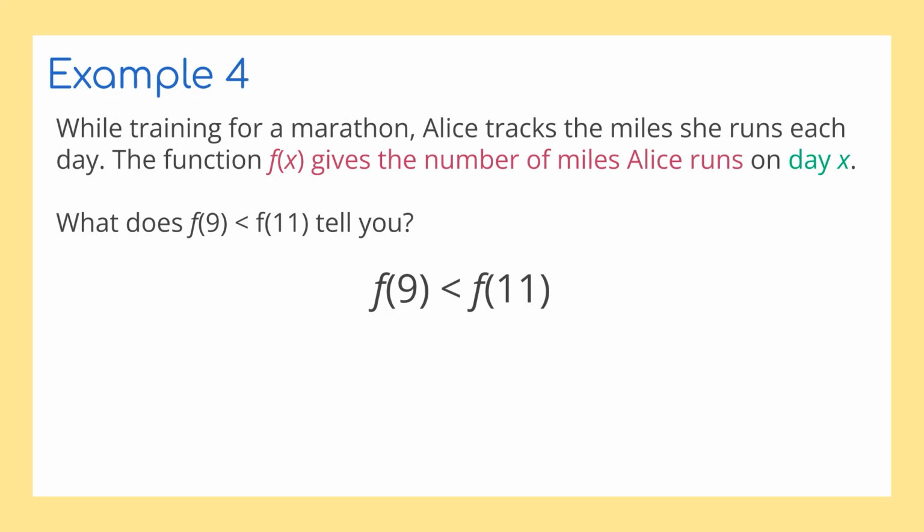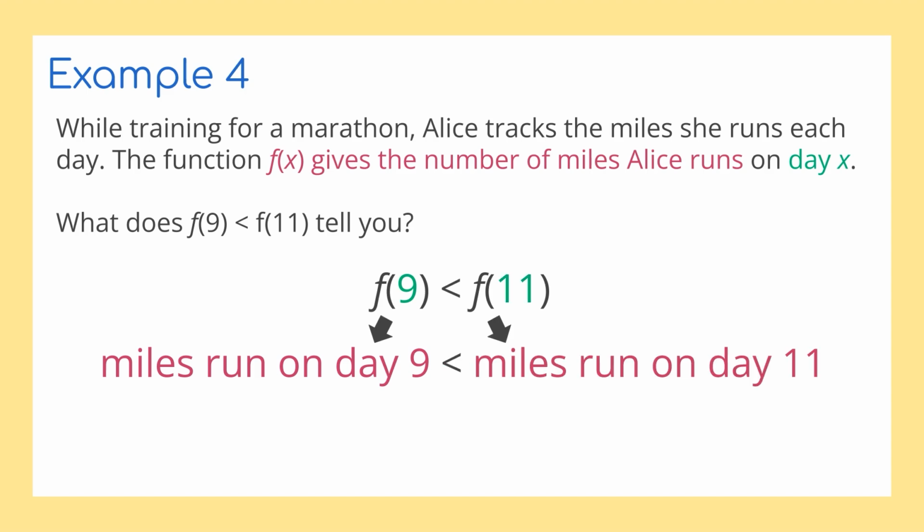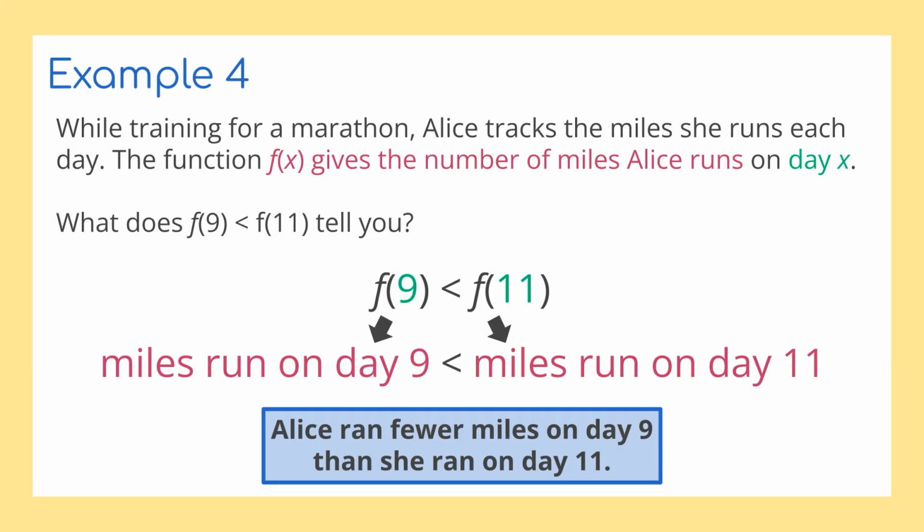So f of 9 tells us the number of miles Alice ran on day 9, and f of 11 tells us the number of miles Alice ran on day 11. We don't know exactly how many miles she ran on either of those days, but we do know that Alice ran fewer miles on day 9 than she ran on day 11. Great job interpreting these functions.